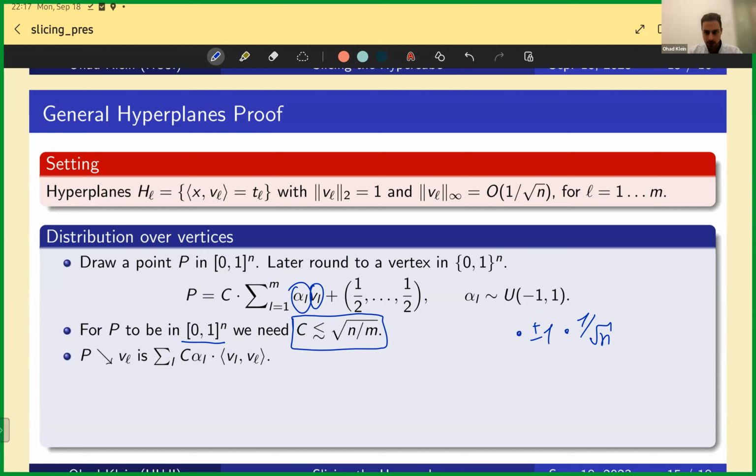Then we multiply this by the constant C, which we assume to be at most square root of n divided by m. And then we sum over m vectors. The standard deviation of such a random variable is going to be around 1, and this guarantees that with reasonable probability we have our point inside the solid cube.